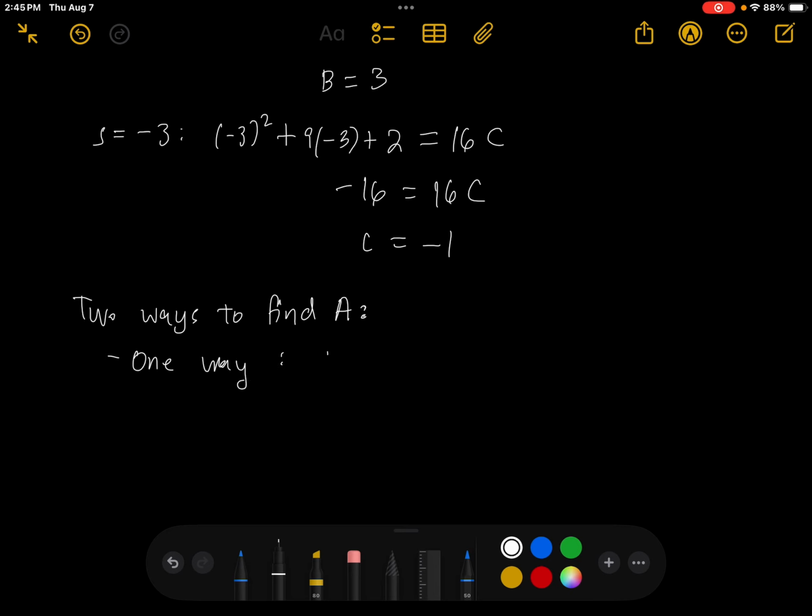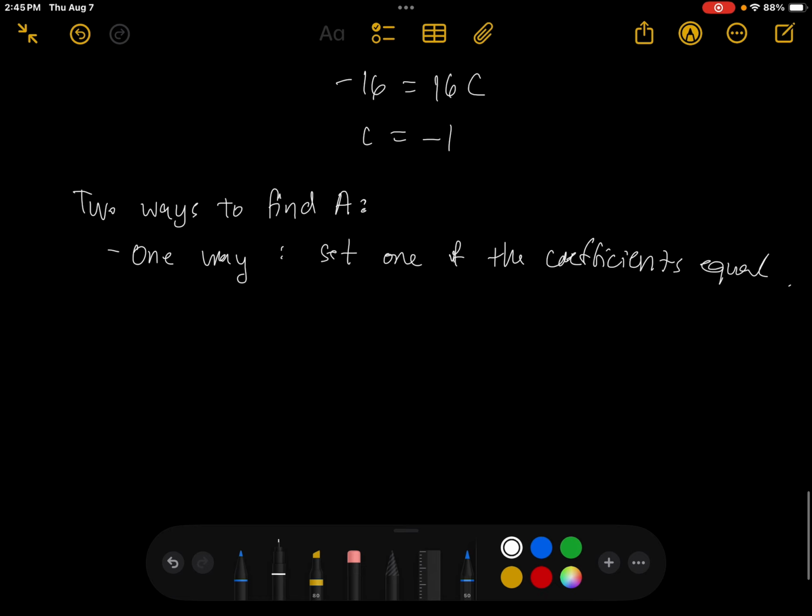One way is to set one of the coefficients equal to each other. And so, for instance, we can check the coefficient of s squared.